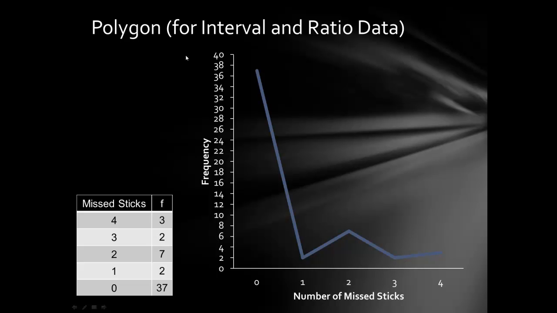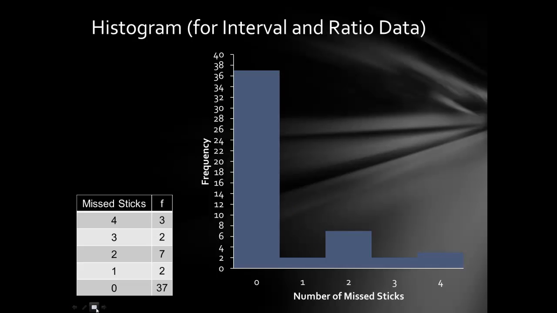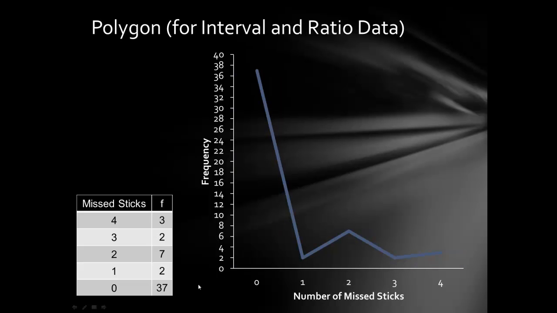And that's a polygon. That's also an appropriate graph to use for interval and ratio data. So if you have a variable that's on a nominal or ordinal scale, you always want to use a bar graph. If you have a variable that's on an interval or ratio scale, then a histogram or a polygon are both appropriate displays of that data.